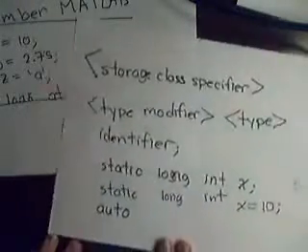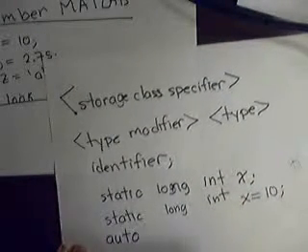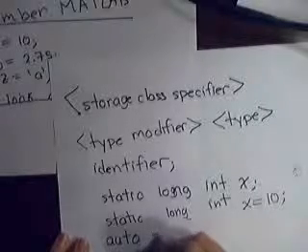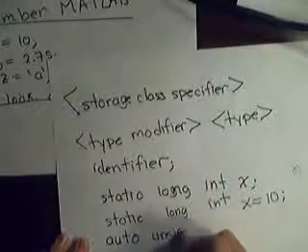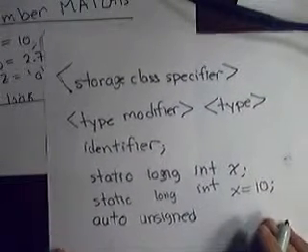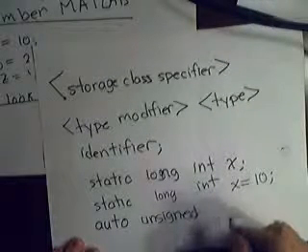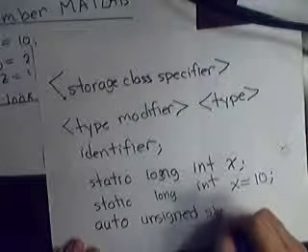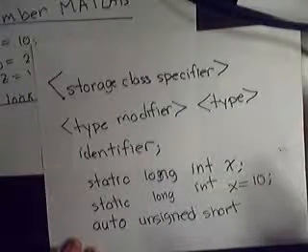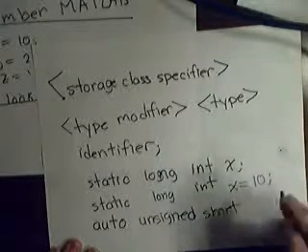Or I could do something like auto, and I could use some other identifier. Let's make it kind of interesting: auto signed, okay, unsigned, meaning I'm only going to have positive values. Short, okay. So I'm only going to use 2 bytes to store x.